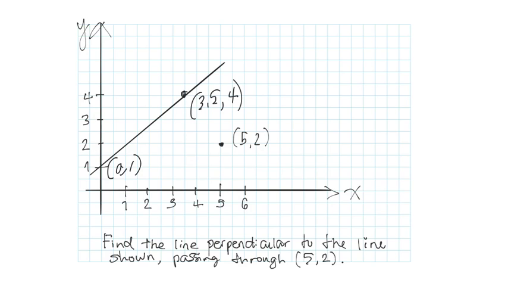We can start off with our t-chart. We have 0, 1, and 3.5 and 4. And so if we do that, we find our change in x is 0.5 and our change in y is 3.